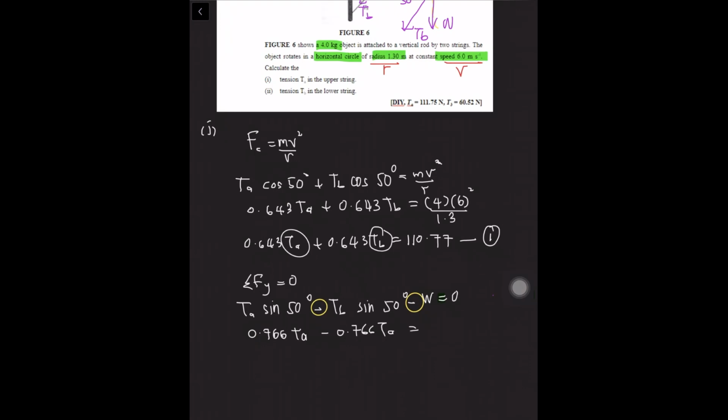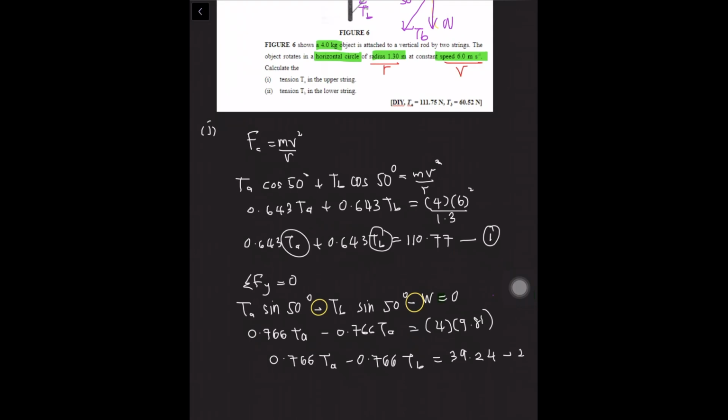Weight is equal to mg, where mass is 4 and g is 9.81. So we will have 0.766 TA minus 0.766 TB equal to 39.24.